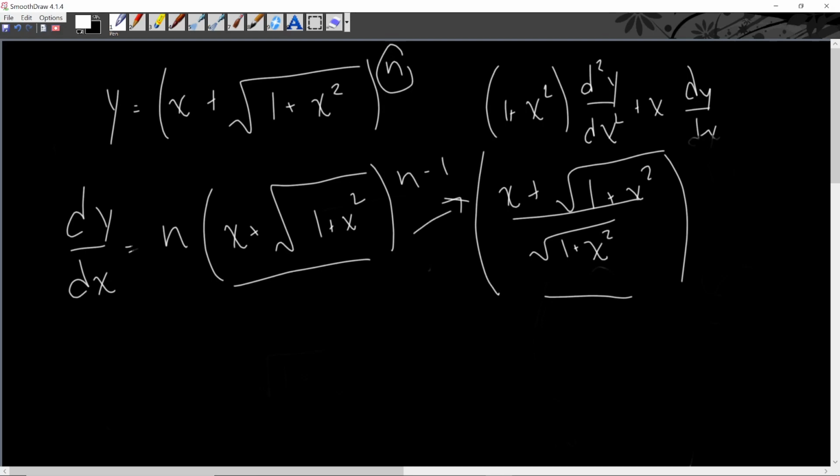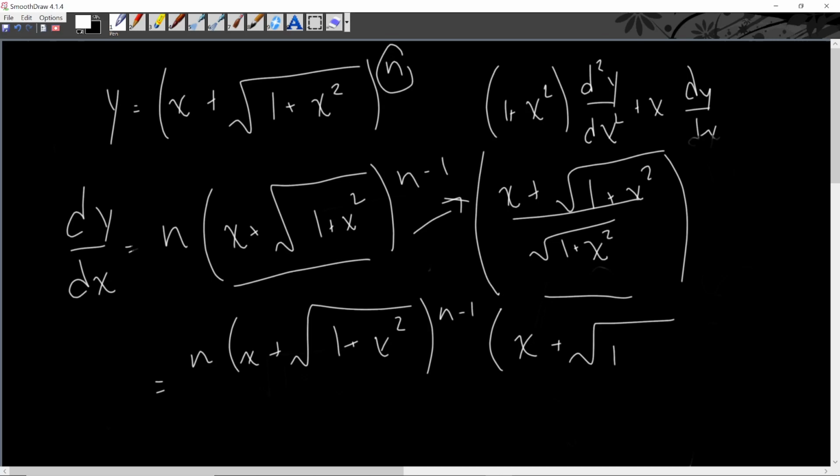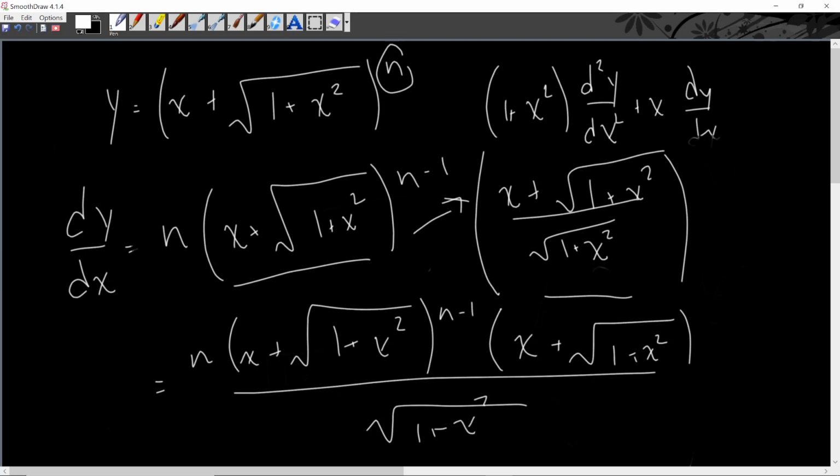Since this is multiplication, we can have n times x plus root 1 plus x squared to the power of n minus 1 times x plus root 1 plus x squared all over square root of 1 plus x squared. All right, and again, all of this is the same thing to the power of 1.